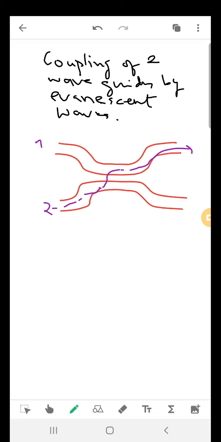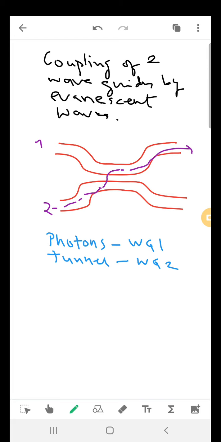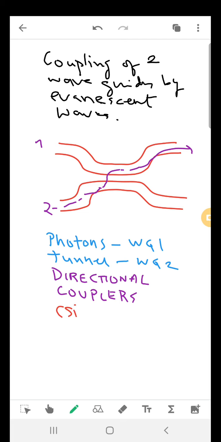Now photons launched in waveguide 1 tunnel into waveguide 2, and they are used as directional couplers, for switching of signal, mainly for signal switch in an optical communication network.